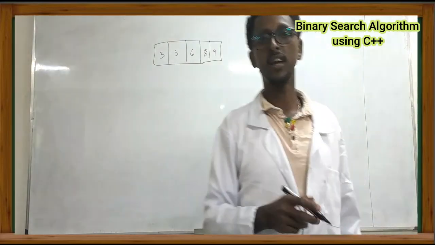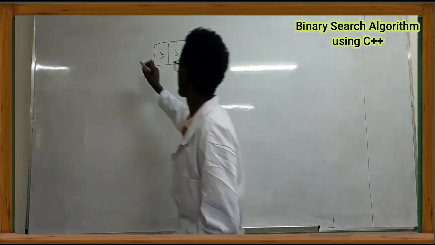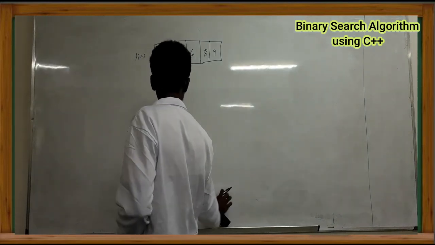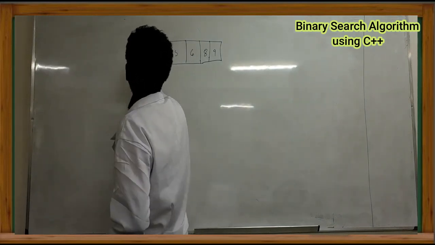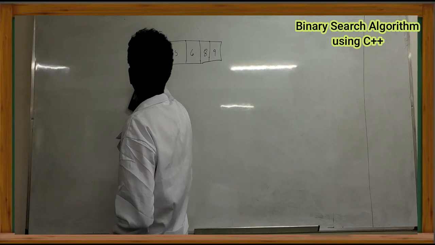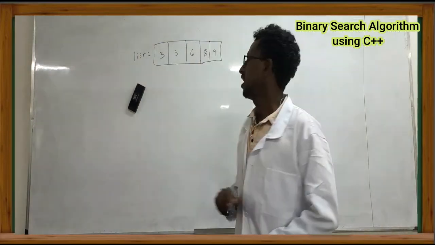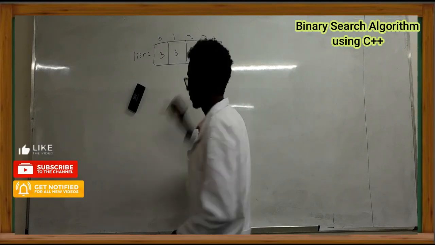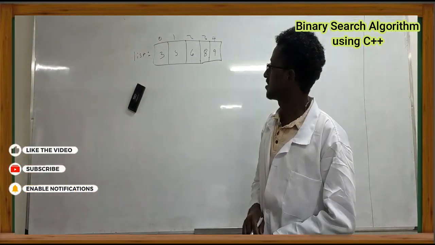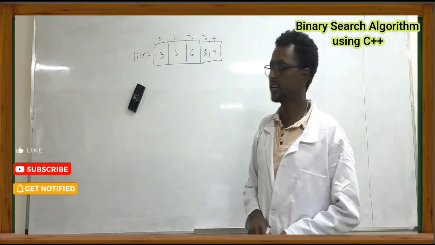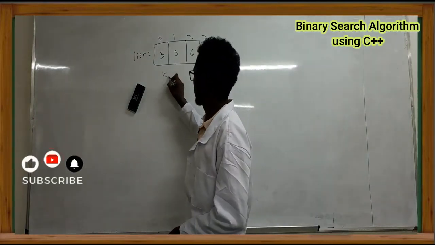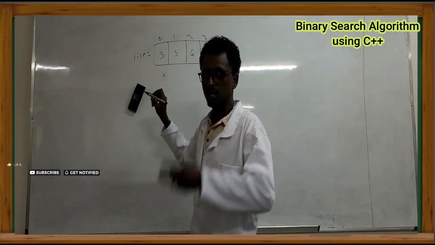This is the given list of arrays, and the indices are 0, 1, 2, 3, 4. So the list is already in increasing order, and for the function we pass two parameters.